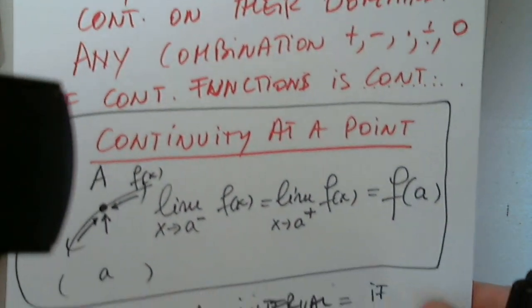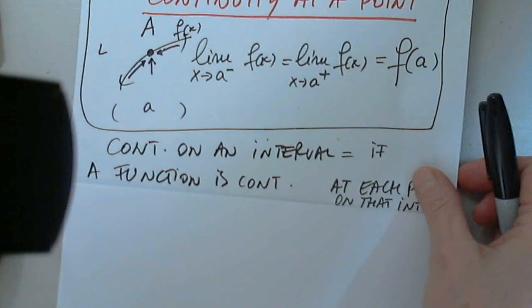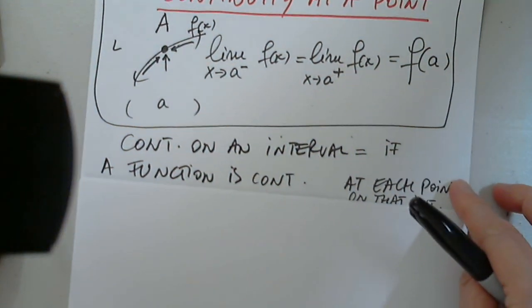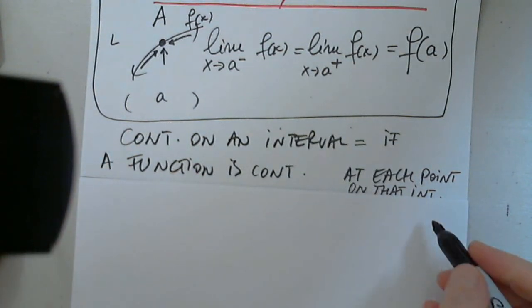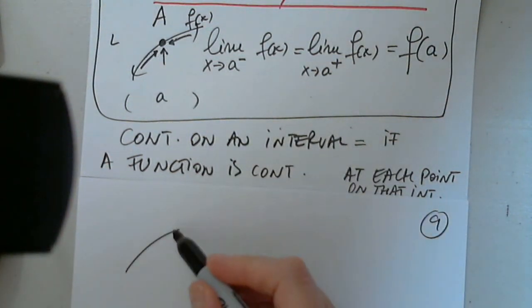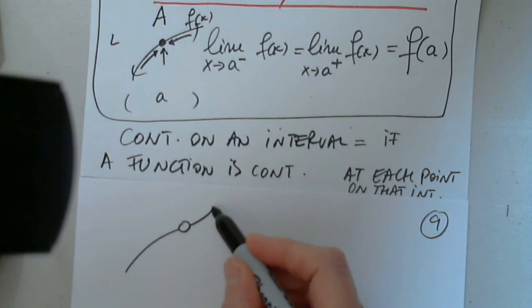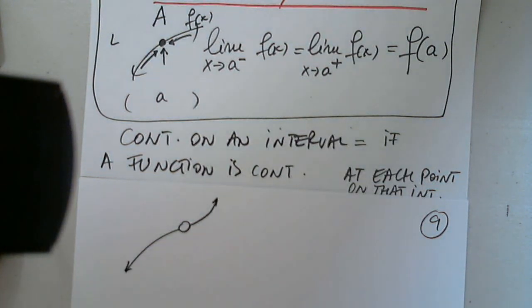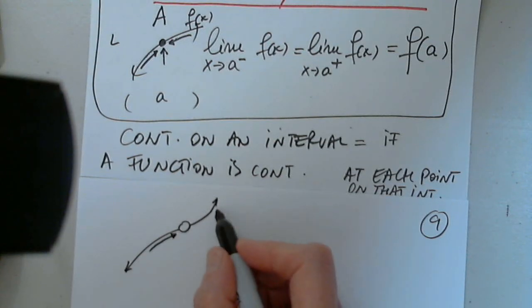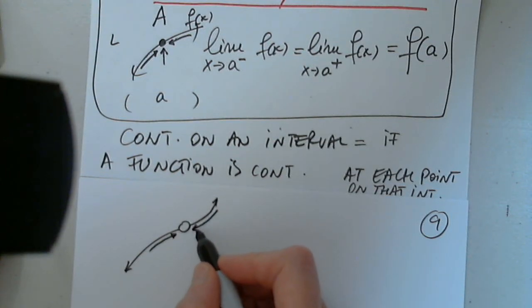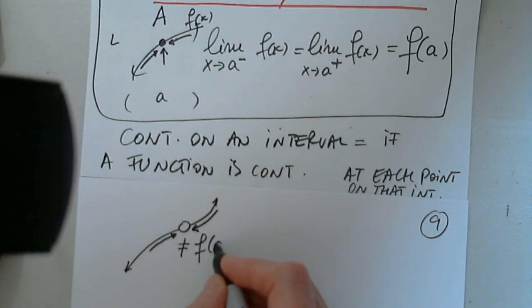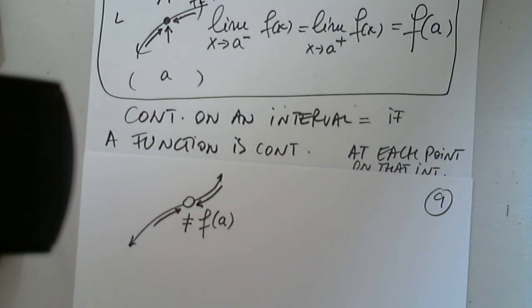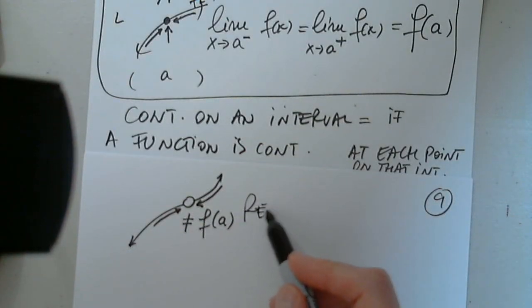I would like to just give the definition for removable discontinuity, and then I'd like to look at some problems. So we talked about this removable. It's removable because the limit from the left and the limit from the right are the same. The only thing is that they are not equal to f of a.